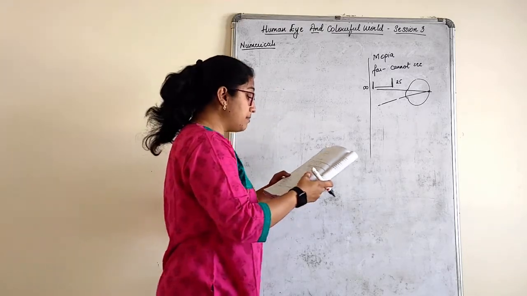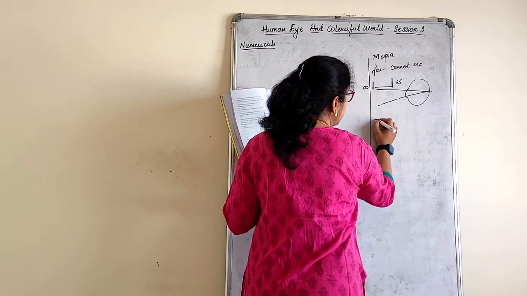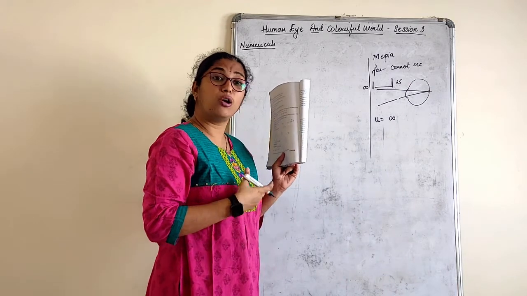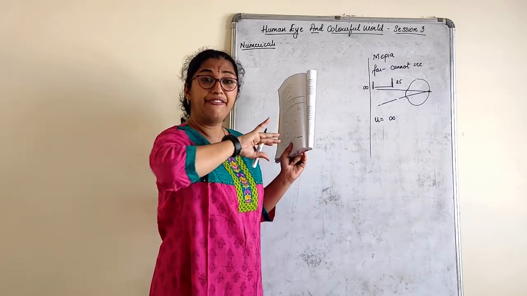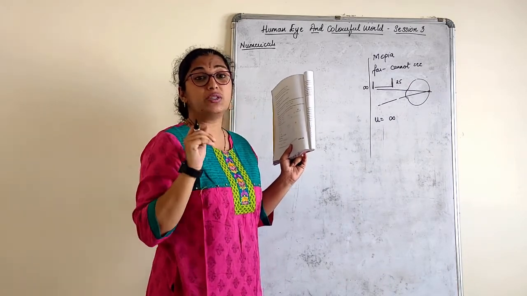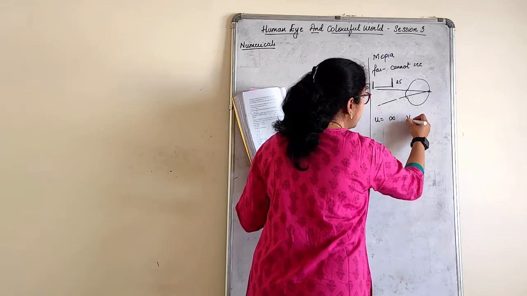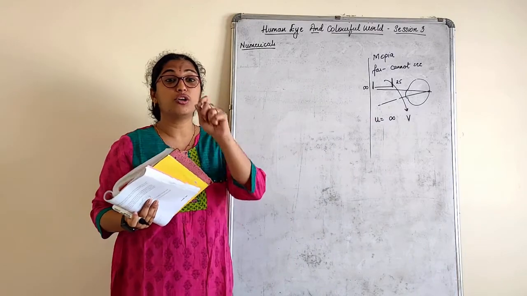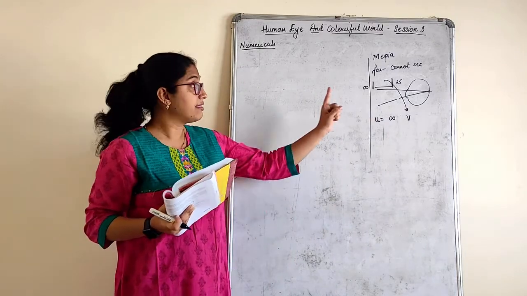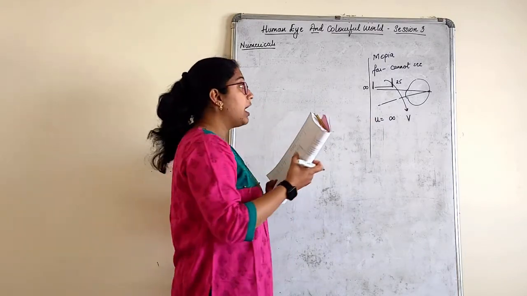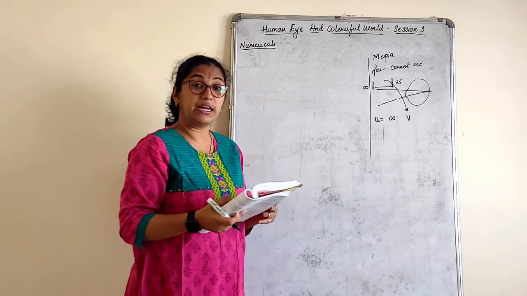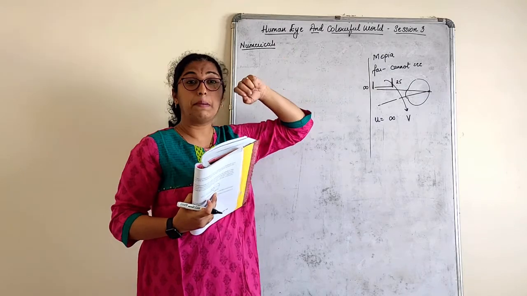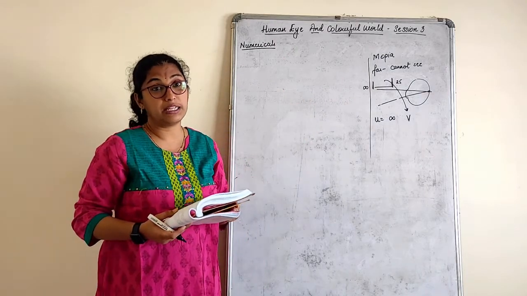So always remember, in the myopic eye, the object distance will always be infinity. That is where the object is kept far. And the image distance where we can see is V. Whatever is the near distance that you can see, that is your V point. That is for myopic eye. Now, what happens in hypermetropia? You can see the faraway things, but near things are not seen properly.